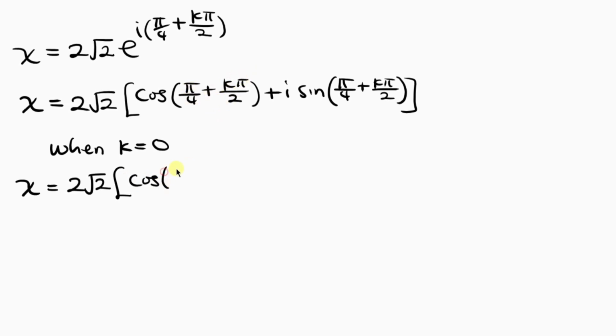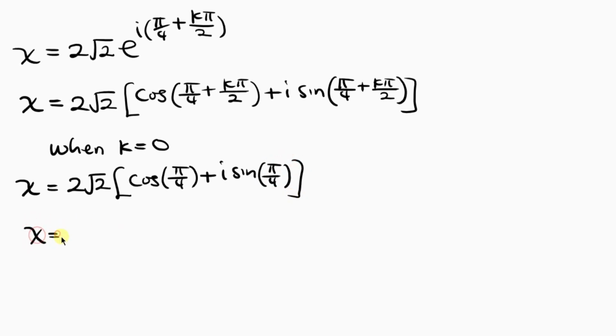So this is pi over 4 plus i sine. The same thing happens here. This will just be pi over 4. Close bracket.